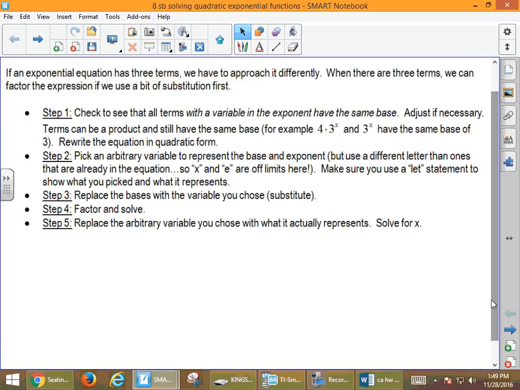If you don't like the letter that I'm going to use, which is u, then use something else. It doesn't make any difference as long as it's not x and it's not e. Third step, we're going to replace the bases with the variable that we choose. We're going to factor and solve. Then we're going to replace our variable with the value that it actually represents, and we're going to solve for x. So lots of words there that people sometimes don't even listen to because there's so many words.